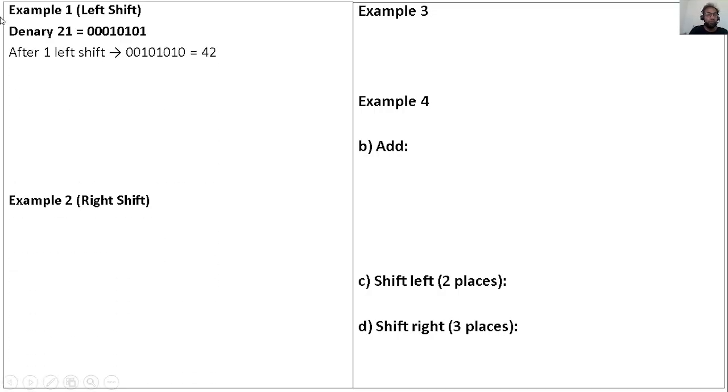Okay, one left shift. When we shift it towards the left by one, this one will be shifted here. This 0 will shift to the ones place. This one will shift to the zeros place. This 0 will shift to the ones place. And this one will shift to this zeros place. So if this one is shifted to this place, what will we have at the end?